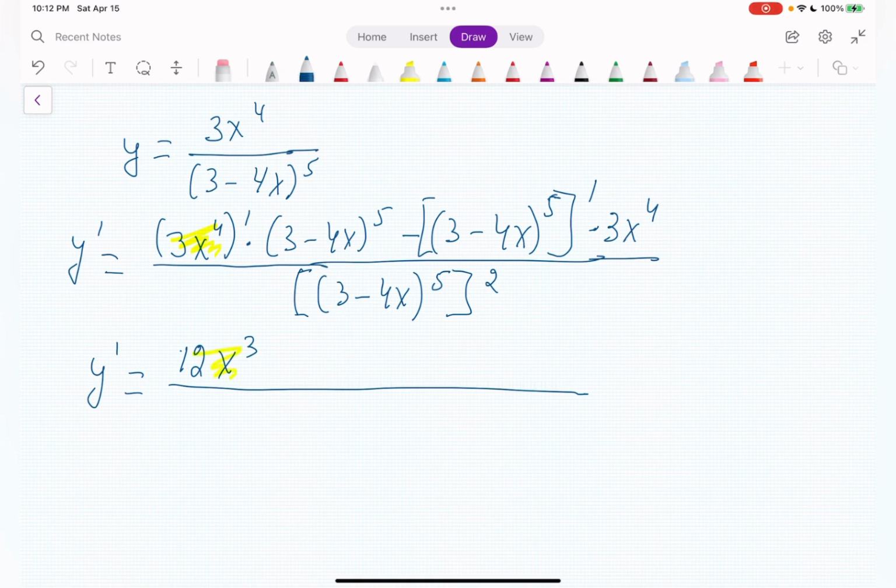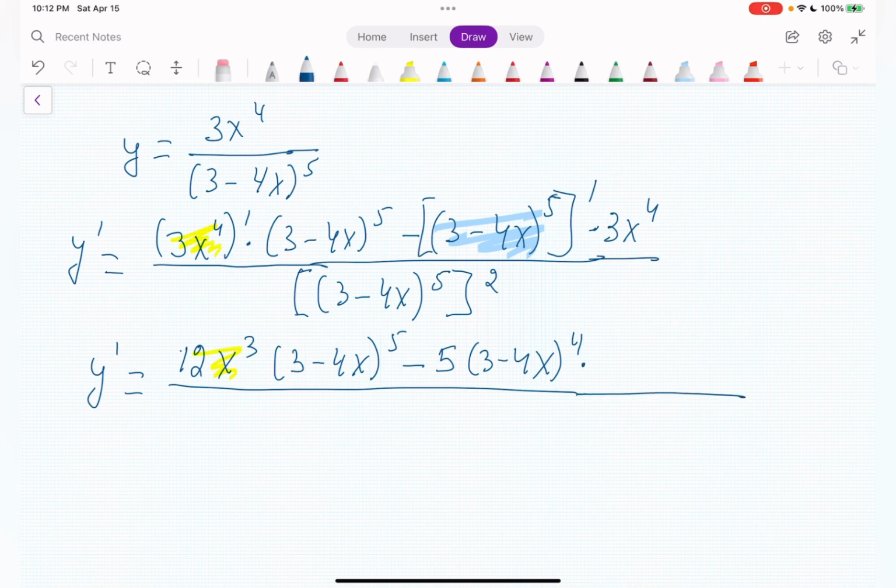Next, times 3 minus 4x to power 5, okay, minus the derivative of 3 minus 4x to power 5, it's going to be 5 comes in front, 3 minus 4x, I'm doing this one, okay, to power 4, and times derivative of 3 minus 4x.